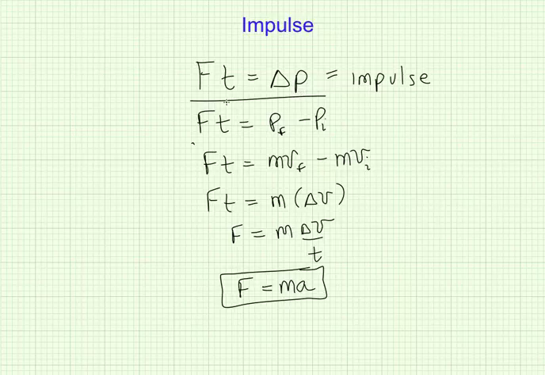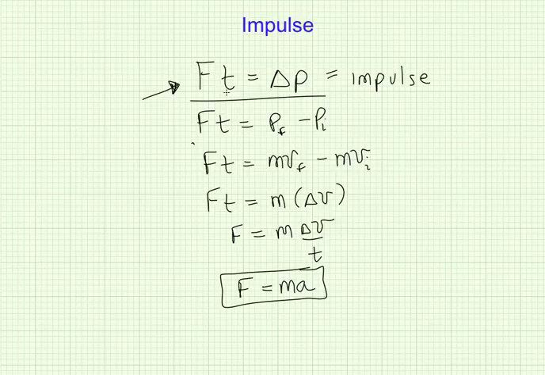Now, if you were that safety engineer, you can't affect the mass of the occupant. You can't affect how fast they're going. So the entire right side of this equation, you can't control. That's why you need to focus on the force times time.